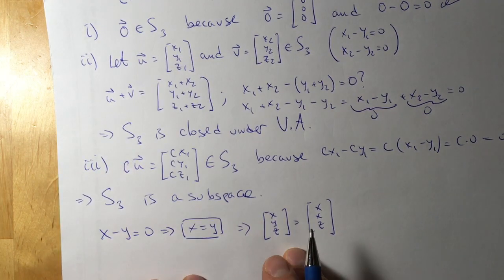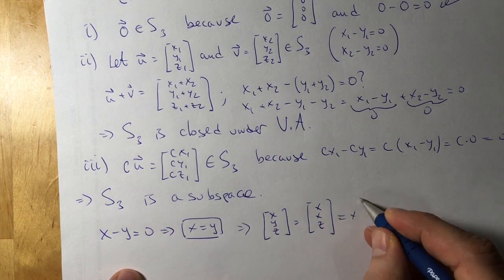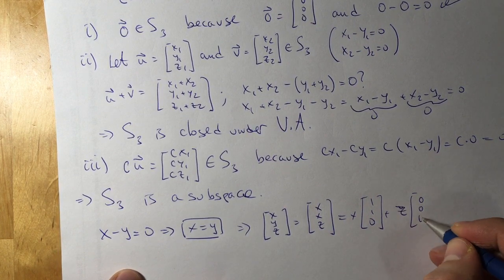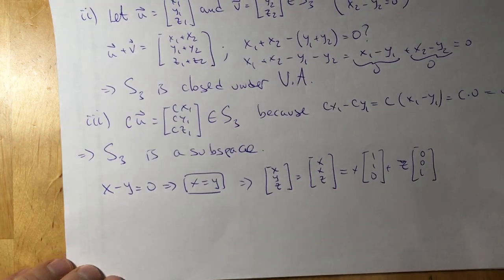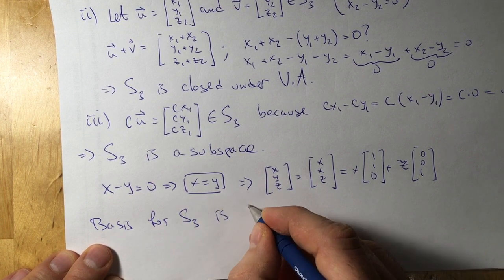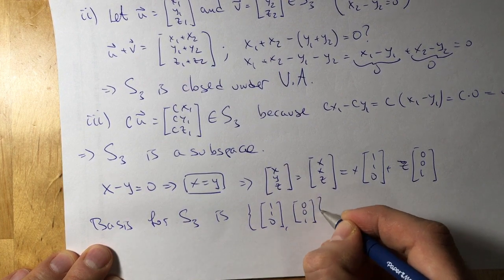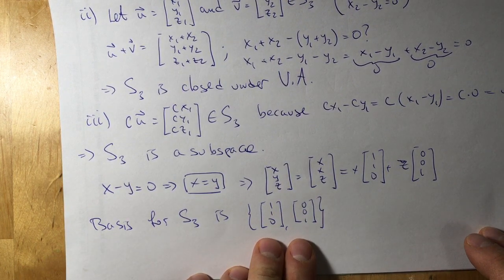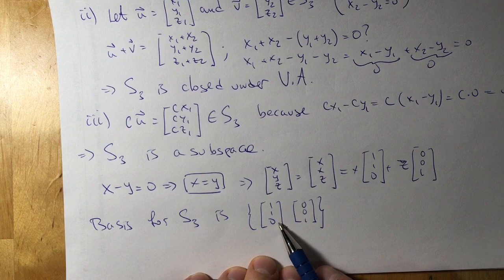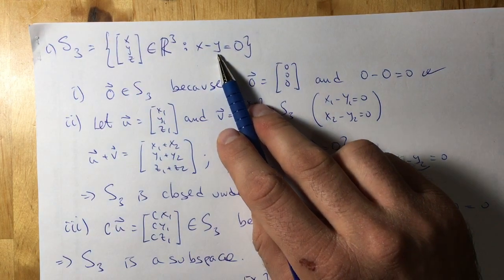So this is x times (1, 1, 0) plus z times (0, 0, 1). So the basis for S3 is the set {(1, 1, 0), (0, 0, 1)}, and as we expected, the dimension is 2 because at the very beginning we said that this represents a plane through the origin.